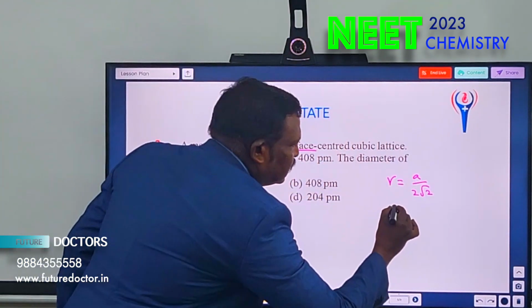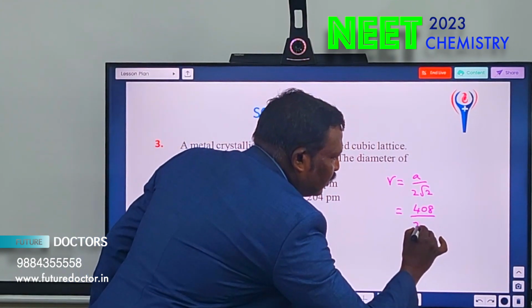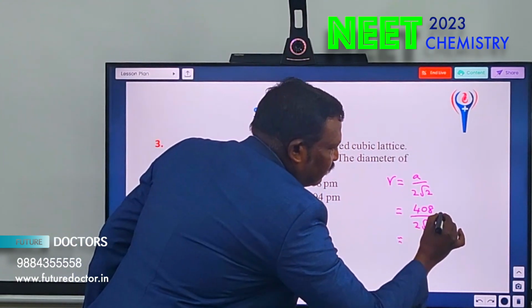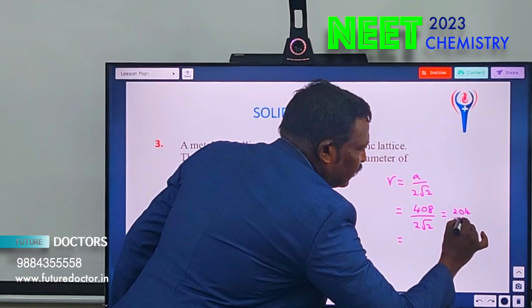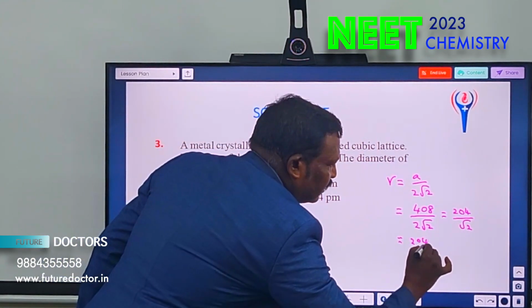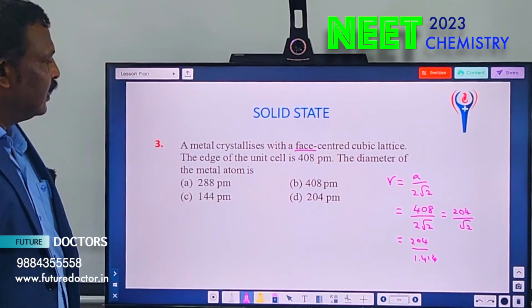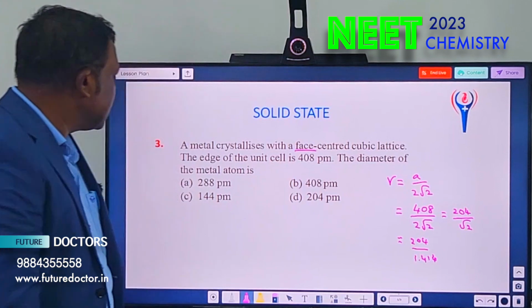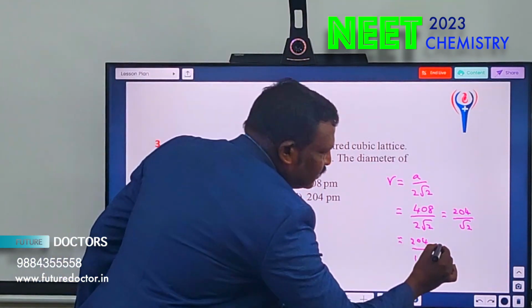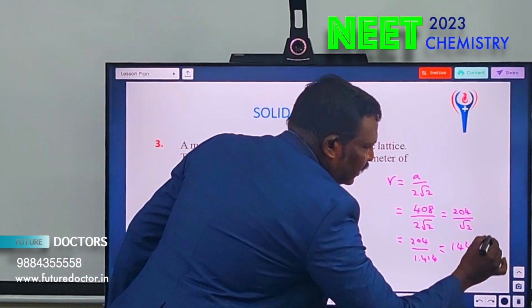So we can just substitute 408 by 2 root 2. Simply you can cancel, and we will be getting 204 by root 2. Root 2 means 1.414, so 204 by 1.414 gives approximately 144.2.